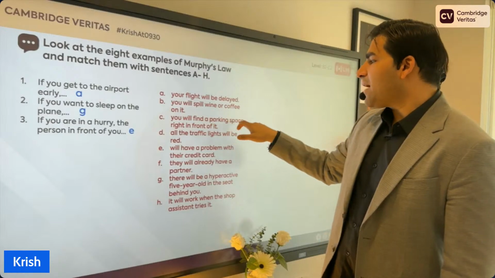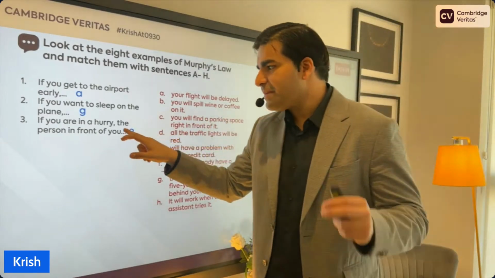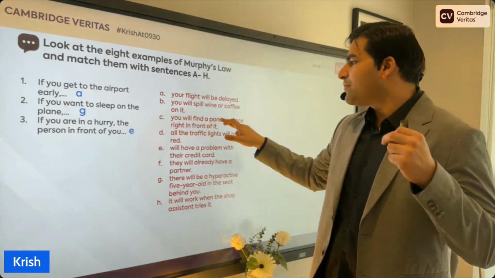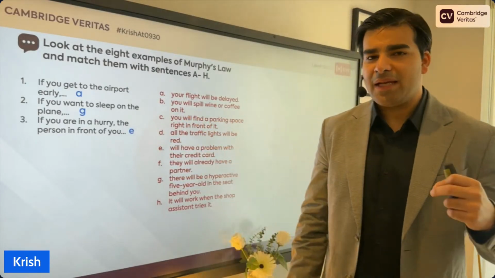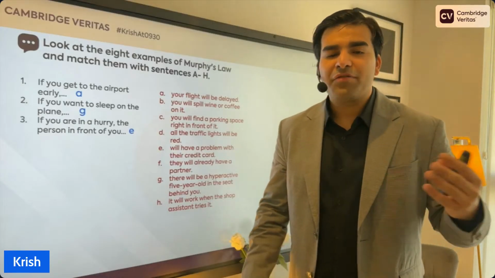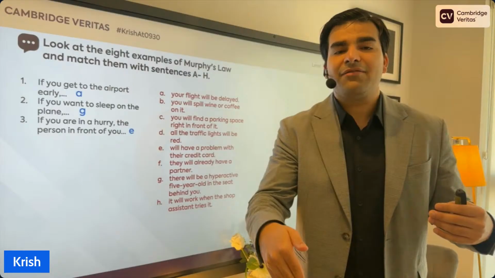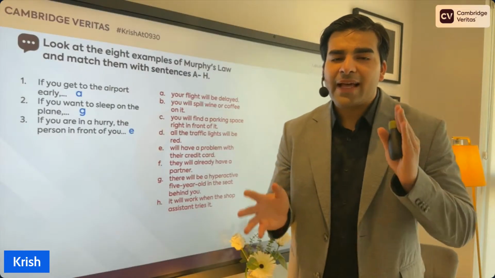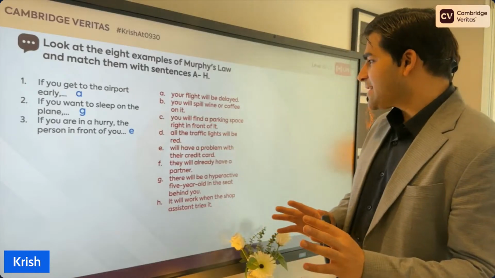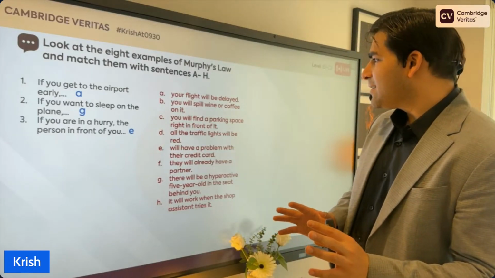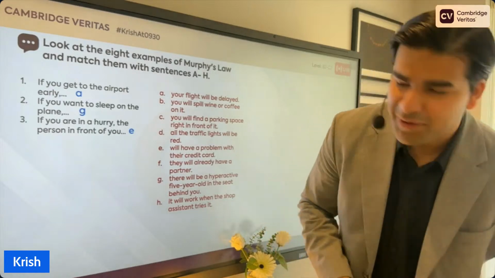Will find a parking space right in front of you. If you are in a hurry, the person in front of you will find a parking space right in front of you. What does that mean? That is, if you're driving and you're in a hurry, the person will park right in front of you and you'll not be able to go. That's the best sentence that it's matches with. That's all. Okay? You said C. No. Yeah? All right, cool.